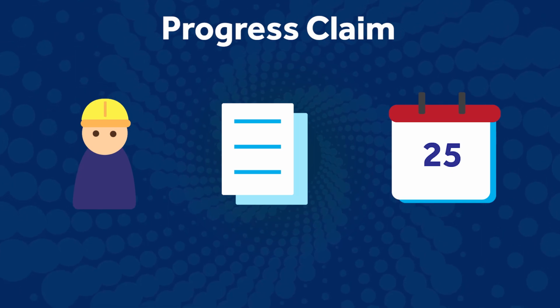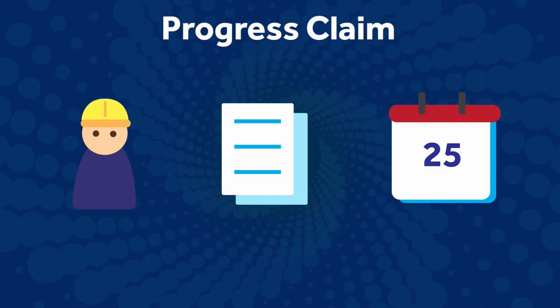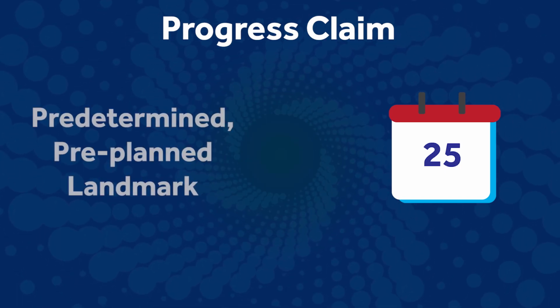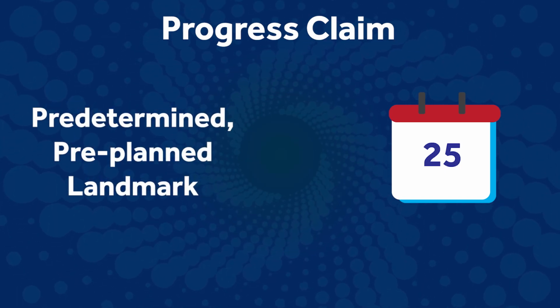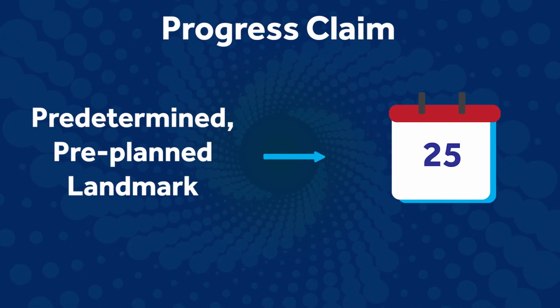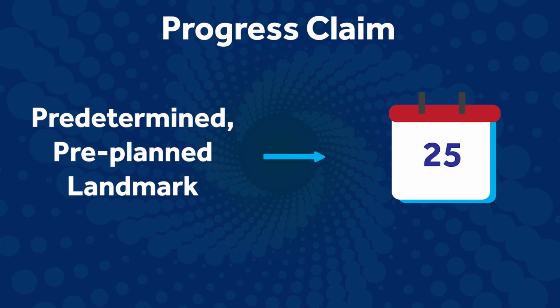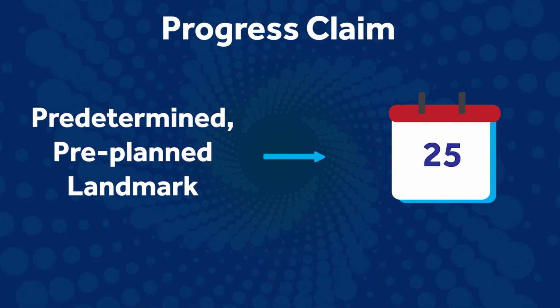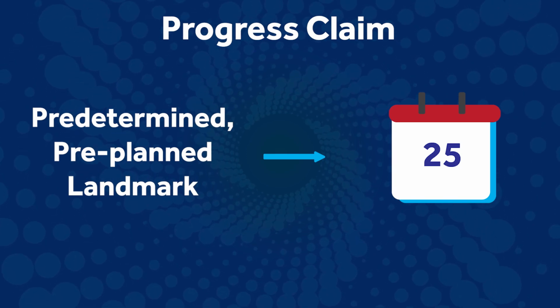So they made sure that for all the projects relating to that client, they had it up to a certain landmark that was predetermined and pre-planned around making sure that they invoiced by the 25th of every month and got as much as they possibly could completed and invoiced.